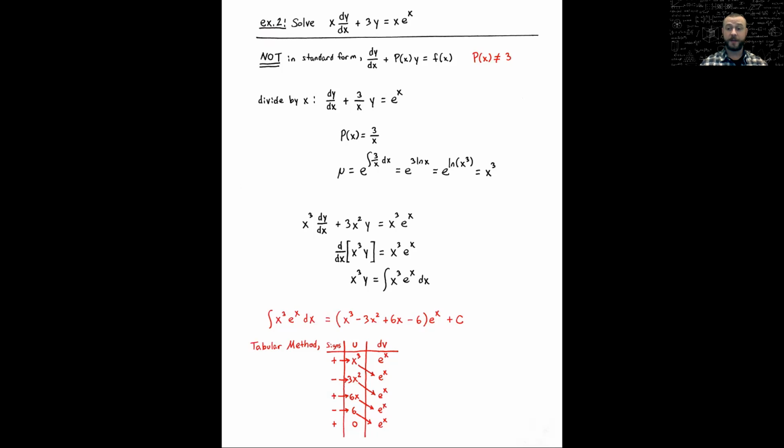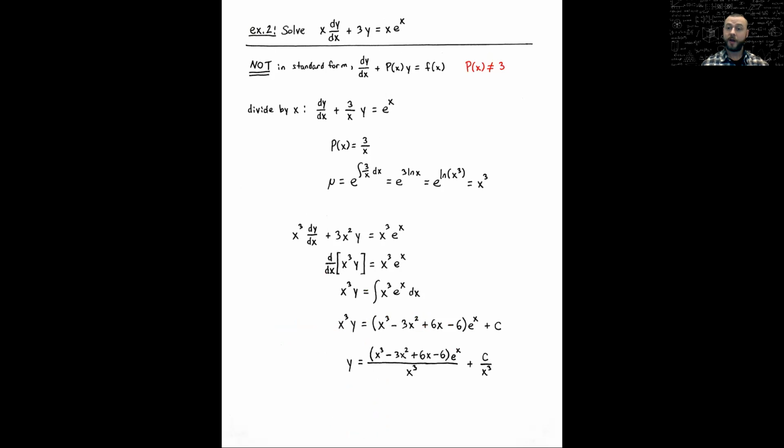If you took Calc 2 with me, this should look familiar. All right, the answer here, it's the product of the signed diagonals. The diagonal terms there, those are your UV terms. All right, and if we put all that in, we get our solution, which we can easily convert to an explicit solution by dividing everything by x cubed.